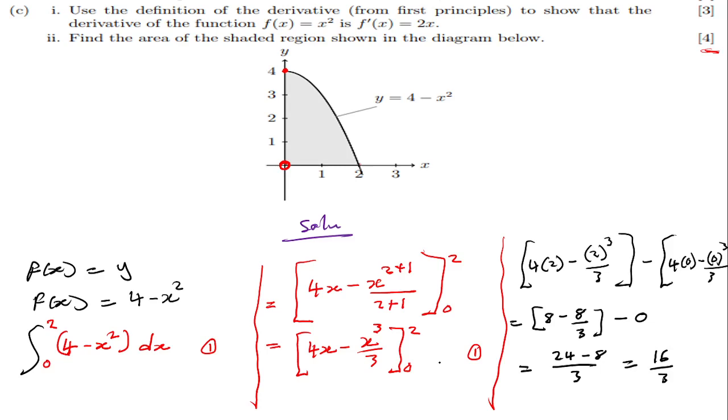Then you are going to write, therefore the area is simply equal to 16 over 3 units, because you have not been given the units squared. So this is the answer. This guy carried 2 marks.